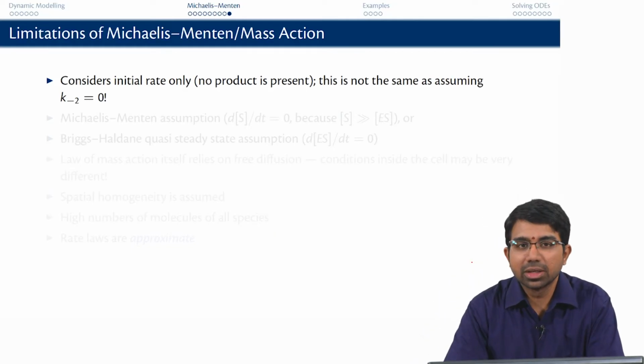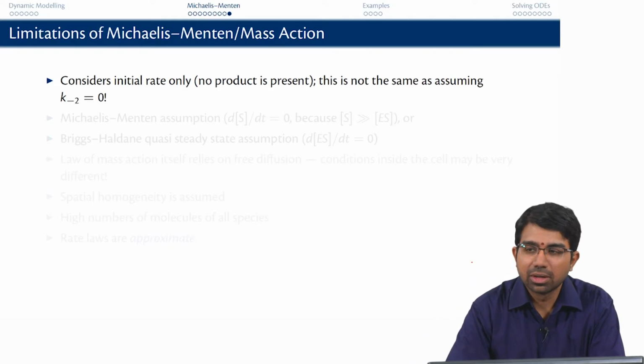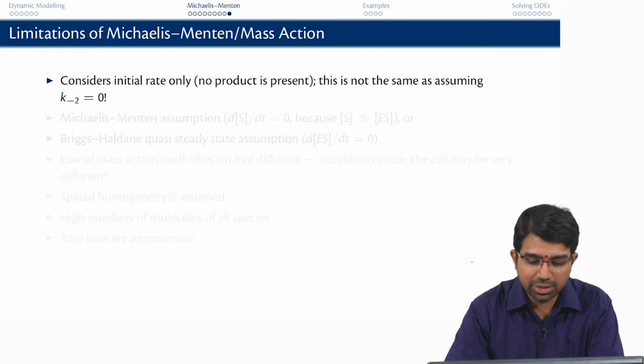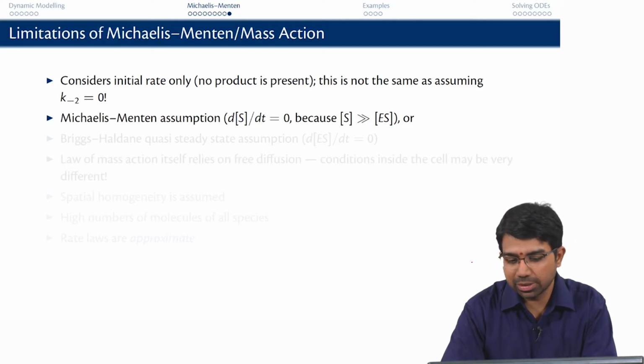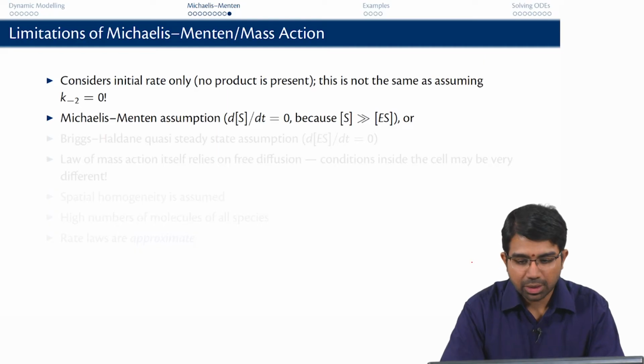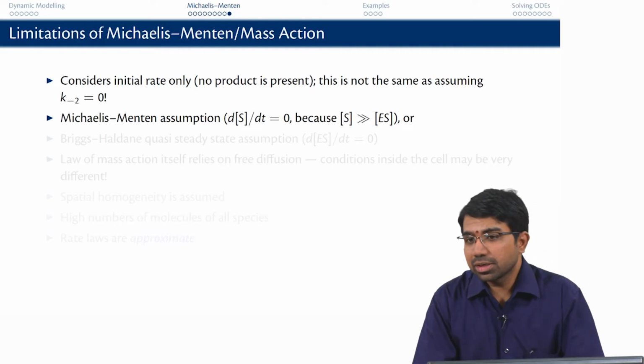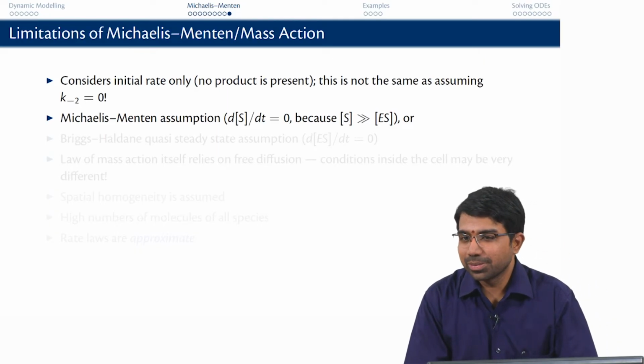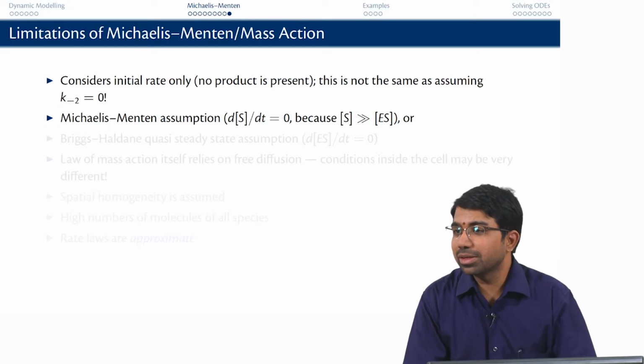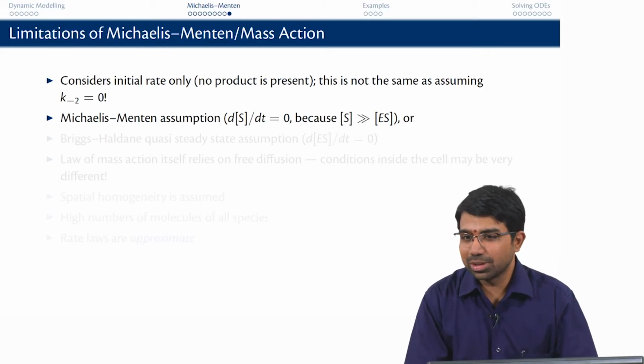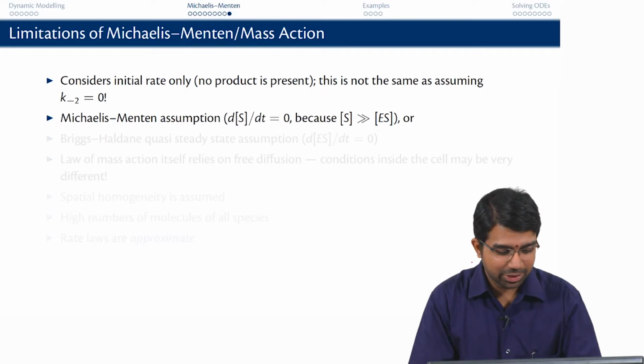If you were to look at the limitations of Michaelis Menten or applying mass action, it considers only initial rate, and there is a Michaelis Menten assumption, right. So, remember that the initial rate is not the same as assuming k minus 2 is 0. K minus 2 is 0 would be an irreversible ES to E plus P reaction, that is not mandatory.